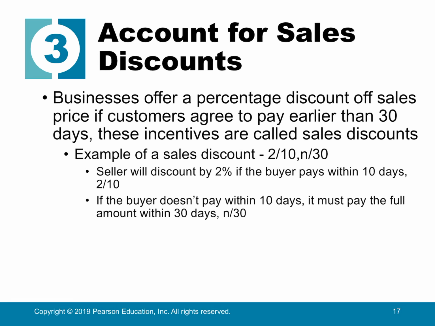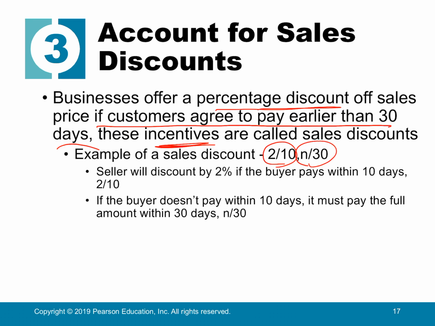So let's look at sales discounts. So what are sales discounts? Businesses will offer a percentage discount if the customer agrees to pay earlier than 30 days. Again, a way to create incentives for getting cash as quickly as possible. So here's an example of a type of sales discount, 2/10 net 30.